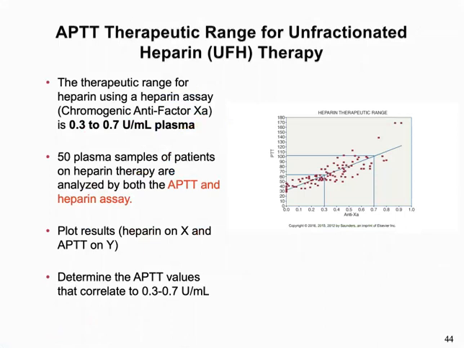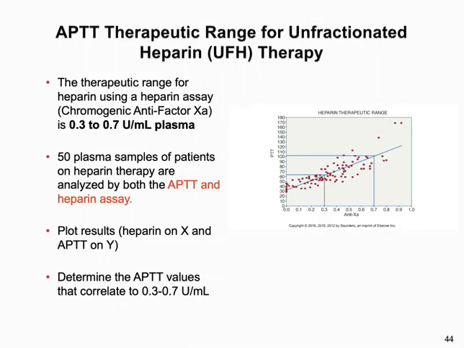So the therapeutic range for heparin using the chromogenic anti-factor 10A assay, or the heparin assay, is 0.3 to 0.7 international units per ml of plasma. And so we need to determine this therapeutic range for the APTT. So we want to match the seconds to the 0.3 to 0.7.